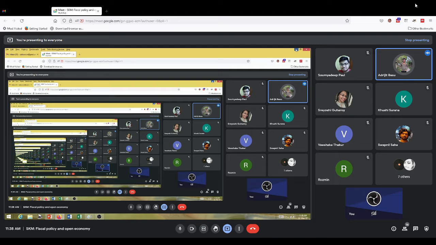So what is consumption demand? Sir, 8,000. It is 0.8 into 10,000 equal to 8,000. So the consumers or households are spending 8,000 rupees on consumption.